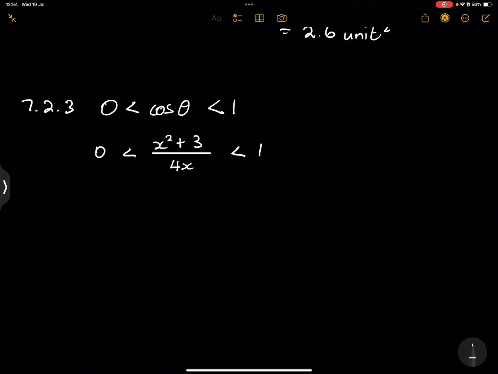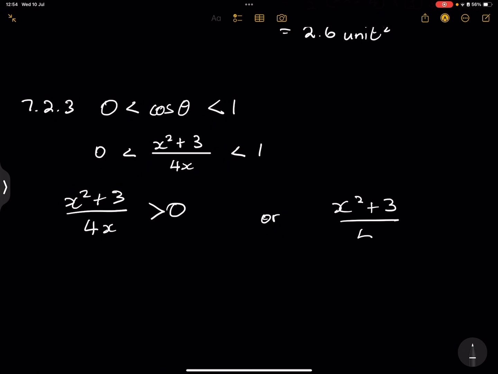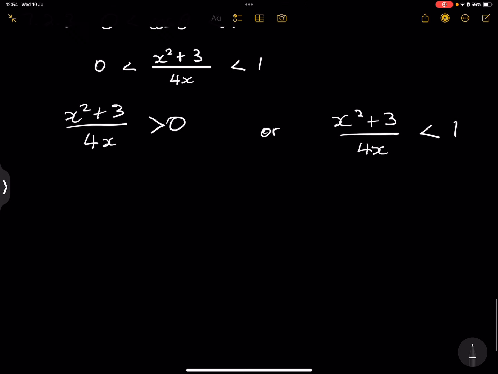All right, let's start with the first one. Okay, so if we try to solve for it, you'll have x squared plus 3 over 4x being greater than 0, or you've got x squared plus 3 over 4x being less than 1.